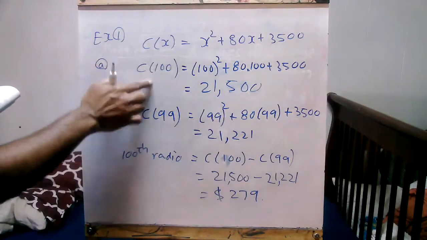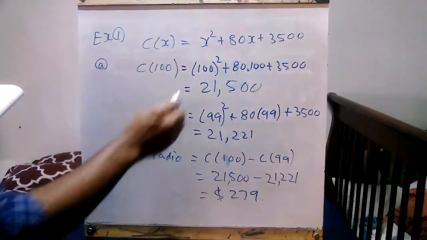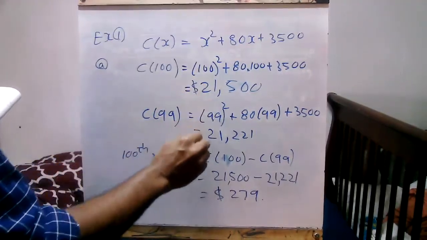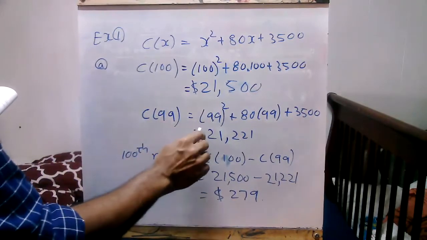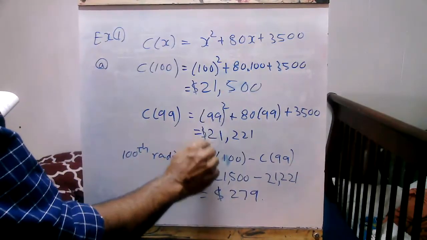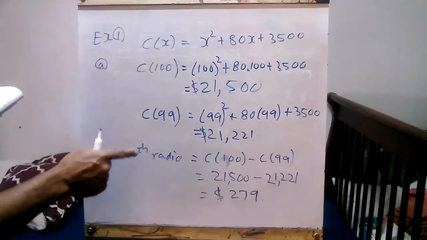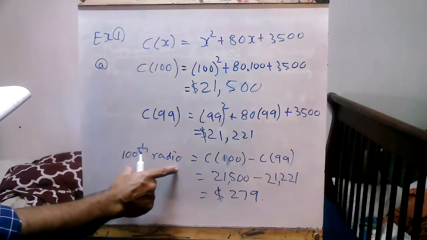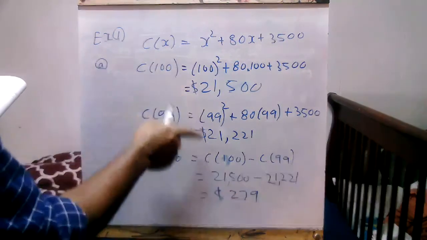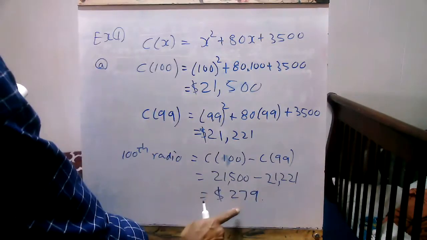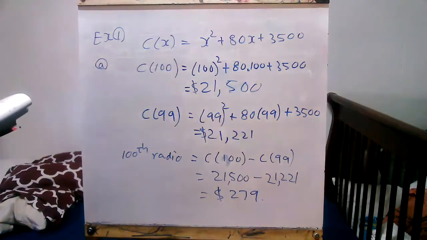To produce 100 radios it costs this many dollars. To produce 99 radios it costs this many dollars. Therefore the 100th radio costs the difference between these two, which is 279. Right.